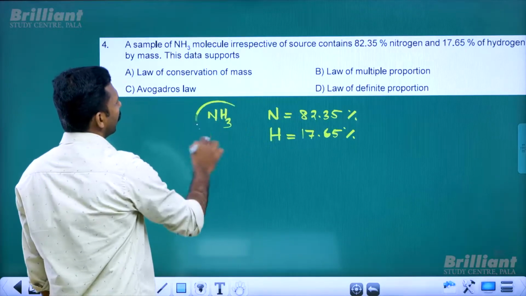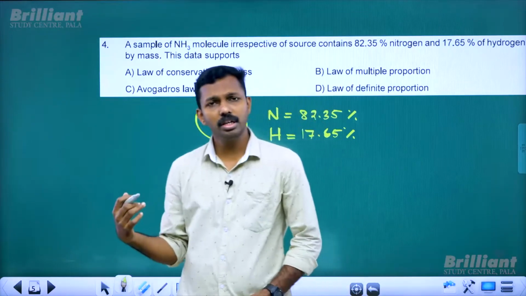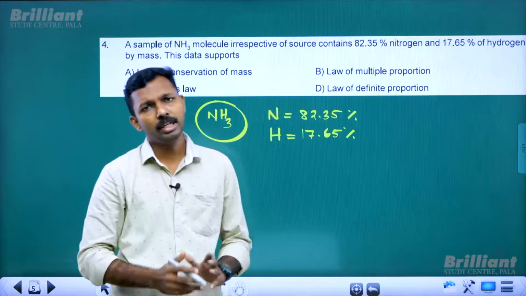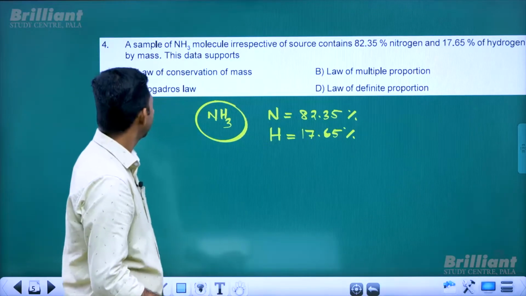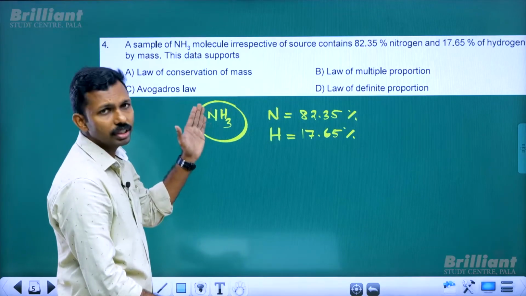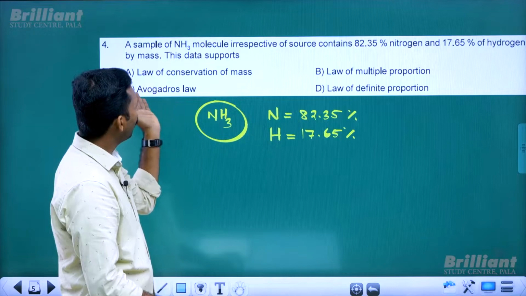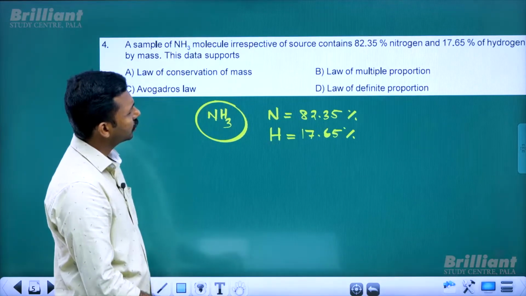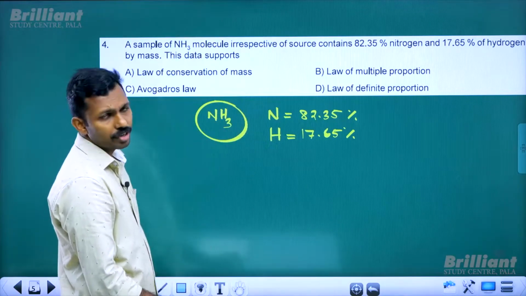This data supports... That means, according to this data, in a compound, here it is ammonia, the combined elements will be in a definite proportion by mass. That is the law behind this. Which law is supporting this data, they are asking. First one is law of conservation of mass, then law of multiple proportion, Avogadro's law, law of definite proportion.